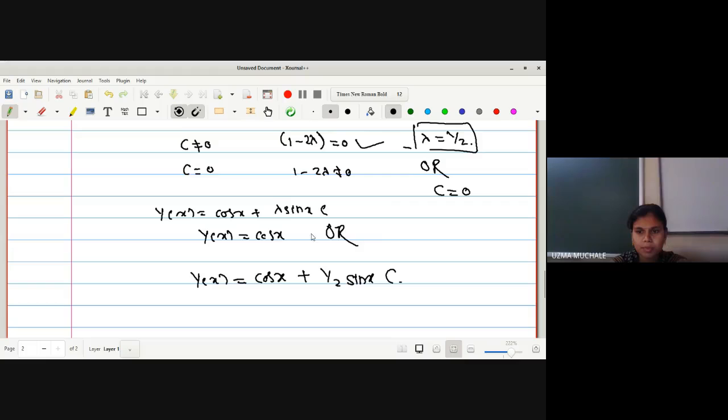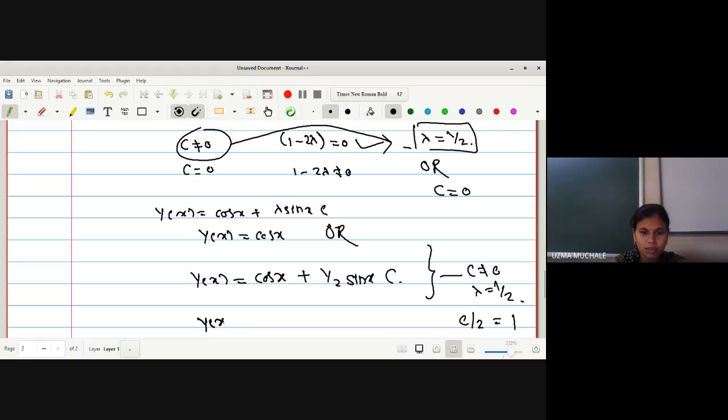As we have assumed that c is non-zero in the second case, we are getting lambda as half. So c by 2, we can say, is equal to 1, and hence we get the solution cos x plus sin x when lambda is 1 by 2.